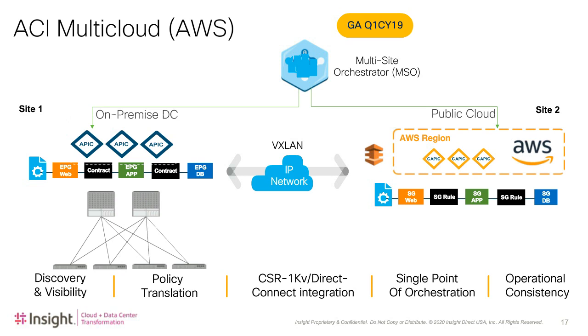You're leveraging the CSR1K, the Multi-Site Orchestrator, and the ACI Anywhere capable virtual devices. What it does is basically act as a translator. It creates the constructs within AWS so that it meets the Cisco ACI construct.